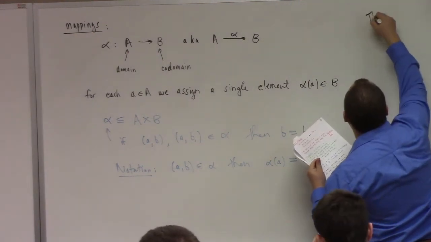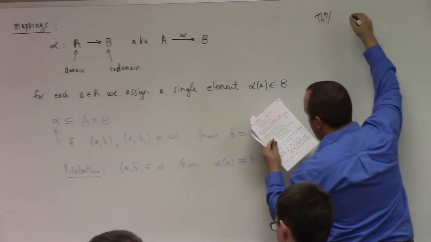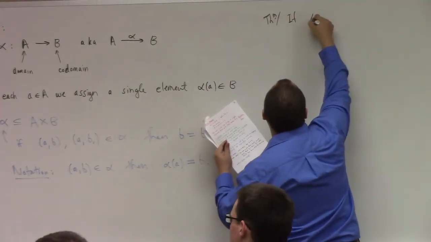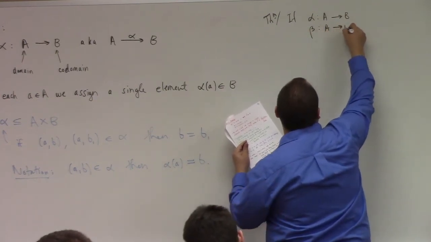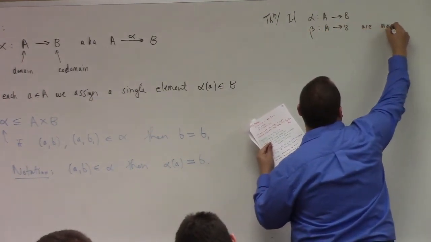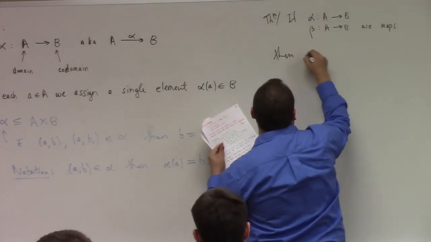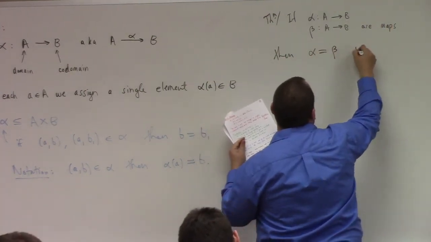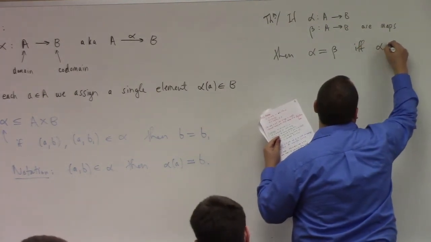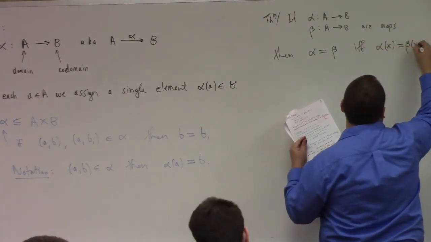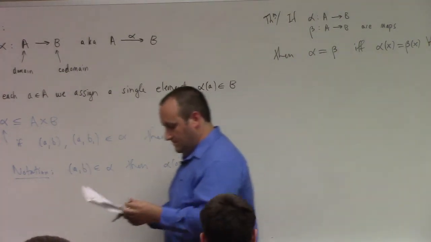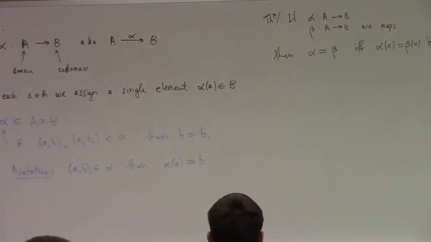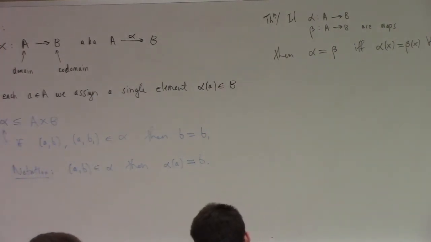And this theorem is, sometimes I give this theorem as a definition, right? If alpha from A to B and beta from A to B are maps, then alpha equals beta if and only if alpha of x is equal to beta of x for all x in A. Now, some courses I teach, I'll say that that's the definition of equality of functions, right?